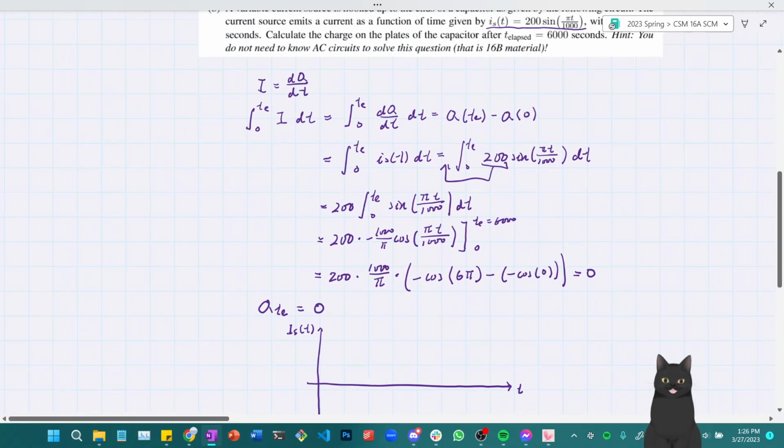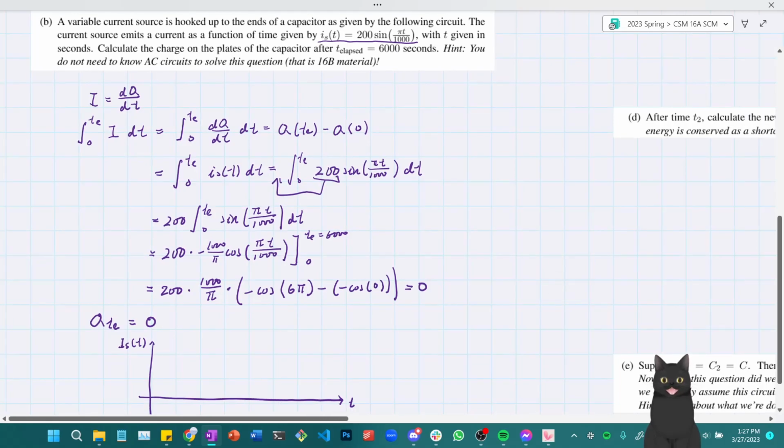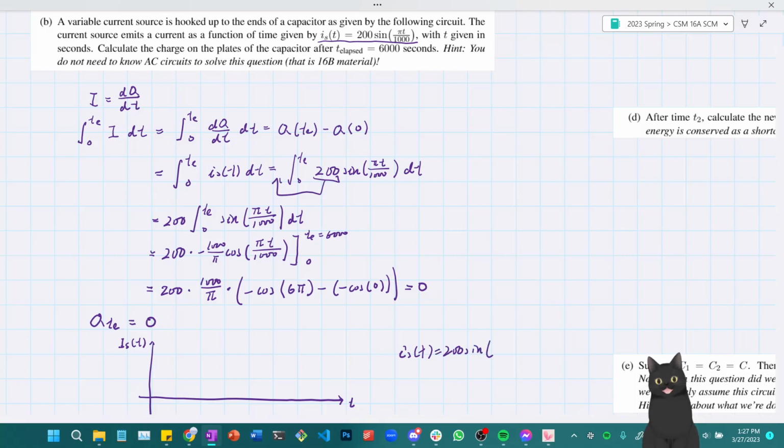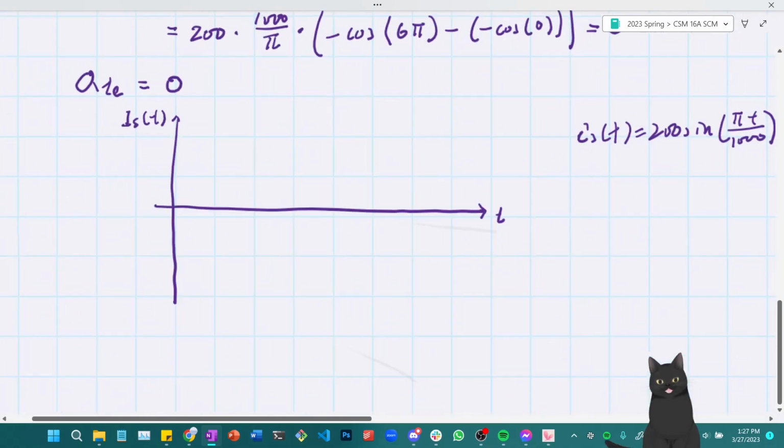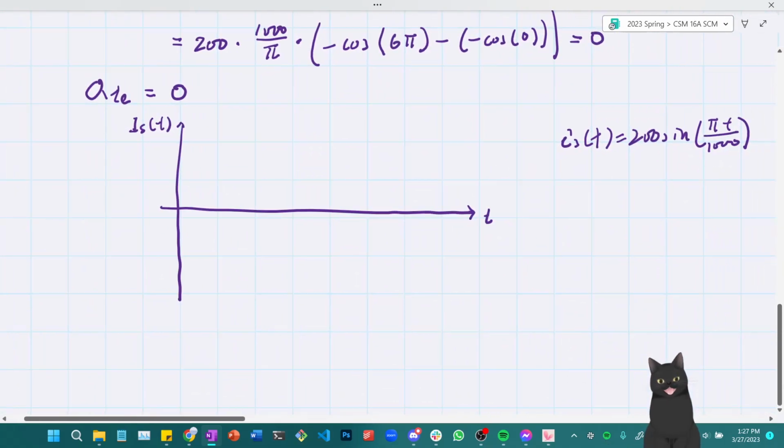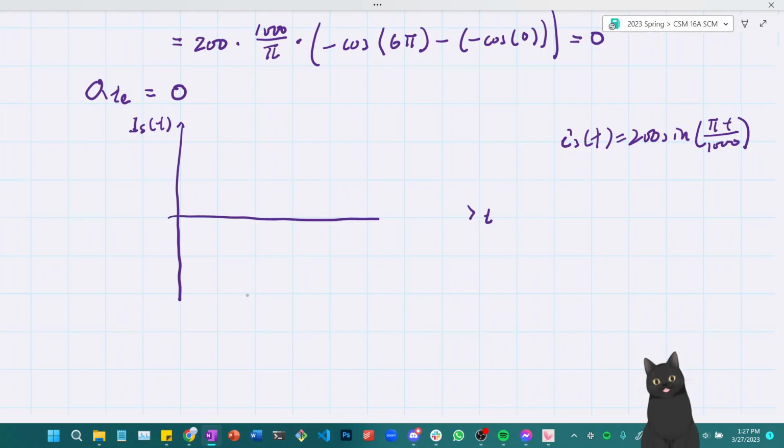If I look at the function of the current here, I see that this is equal to 200 sine of pi t over 1000, and you might remember from your high school algebra how to plot this, but I'll just plot it out for you now. And then we can observe something very interesting from the graph. So the graph should look something like this.